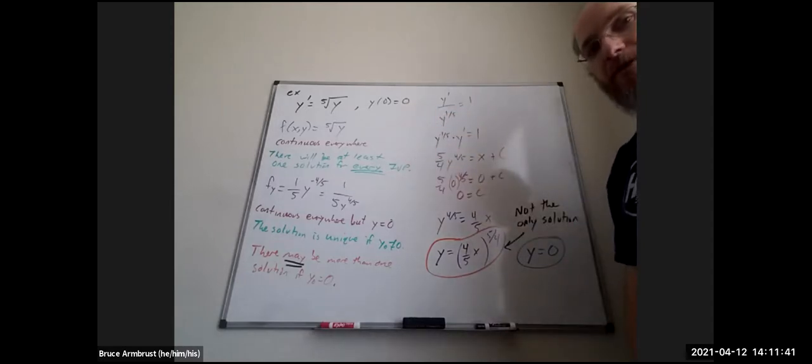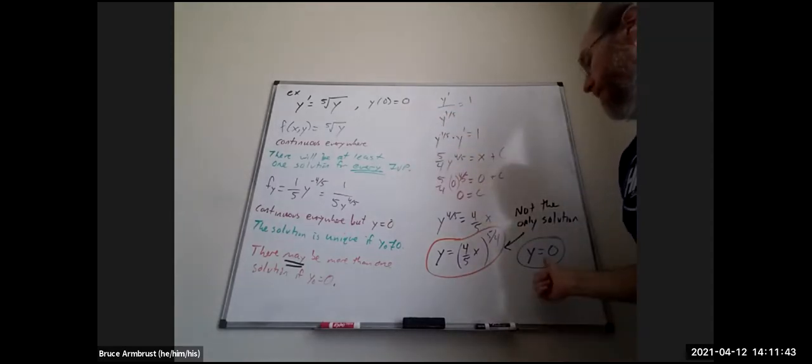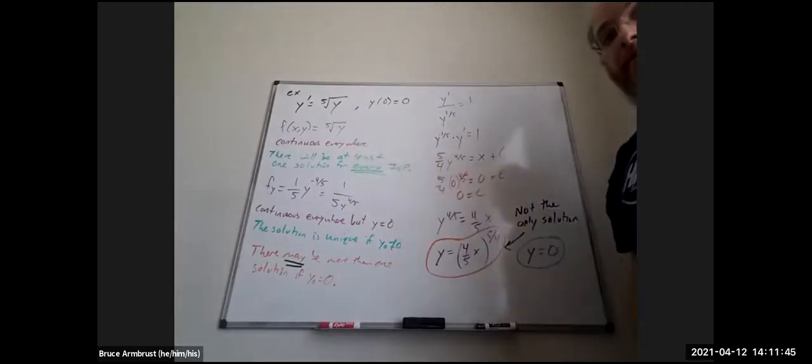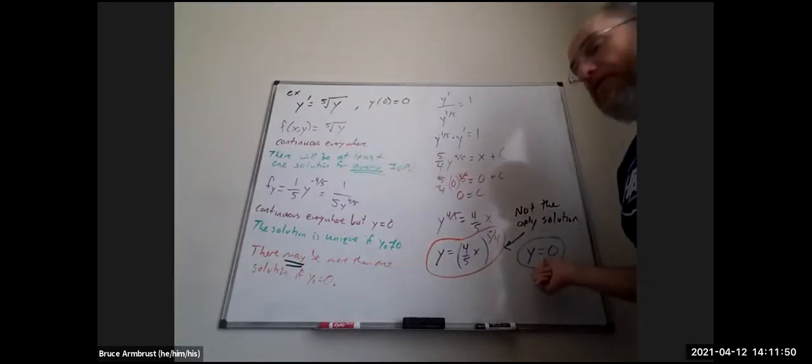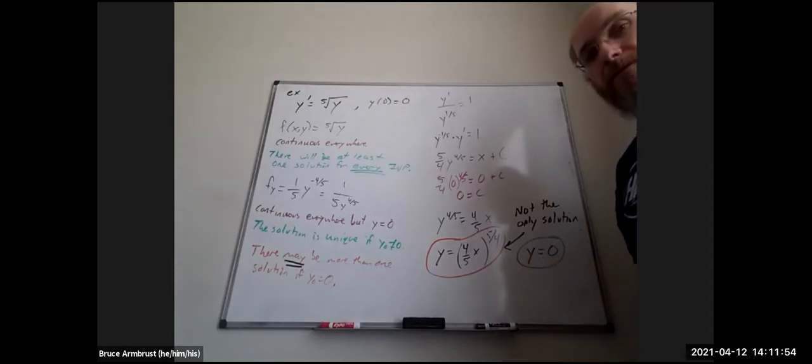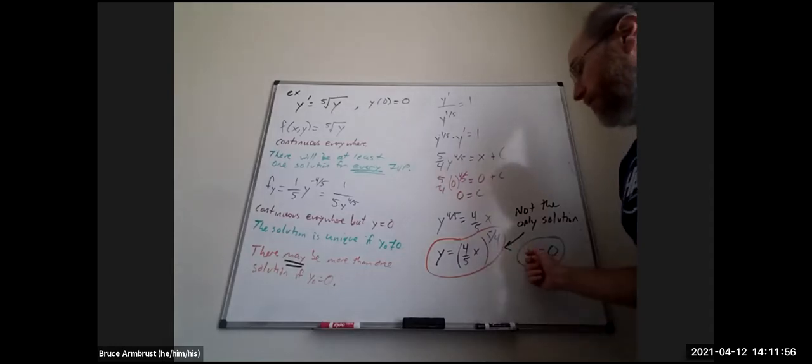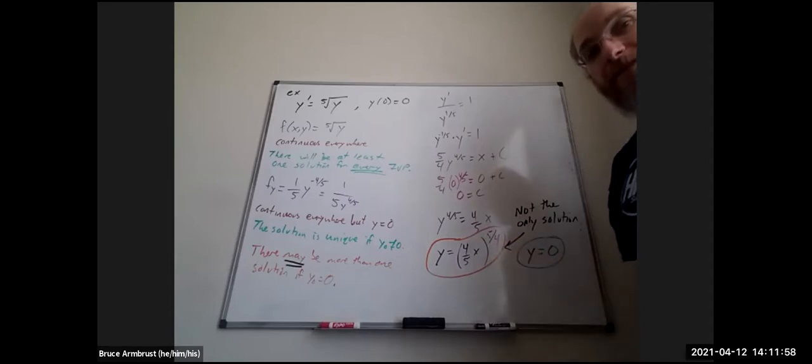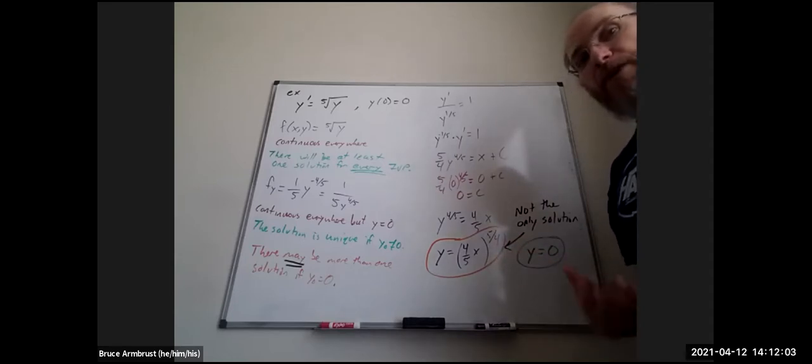Yeah, it goes through the origin. Does it satisfy the differential equation? Sure. The derivative of 0 is 0. The 5th root of 0 is 0. These are two very different functions, and yet they're both solutions to that differential equation.